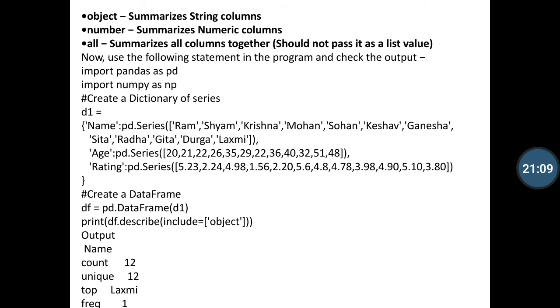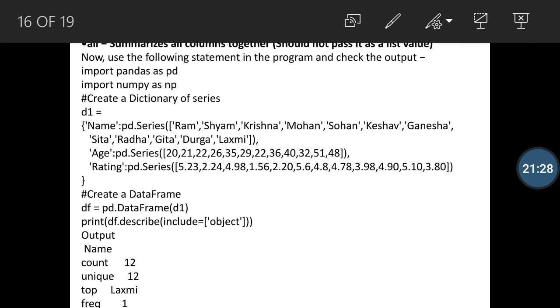All the names use the A character, so it defines unique as 12 and the count value is the total number of values, and the top Lakshmi is the last one value that uses the A value, and the frequency is 1.